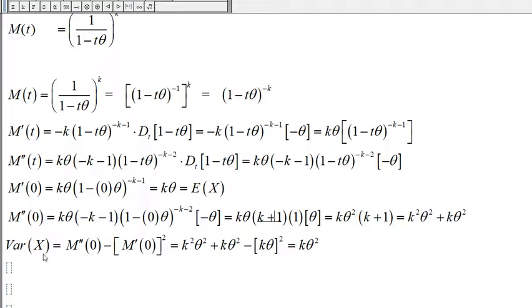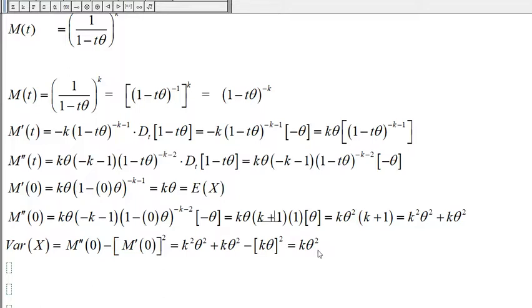And so the variance of x will be the second derivative of the moment generating function at 0 minus the first derivative at 0 squared, and we end up with k theta squared.